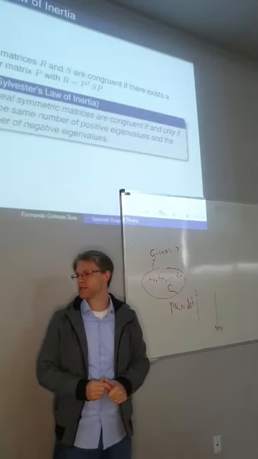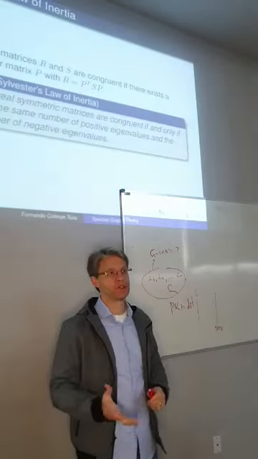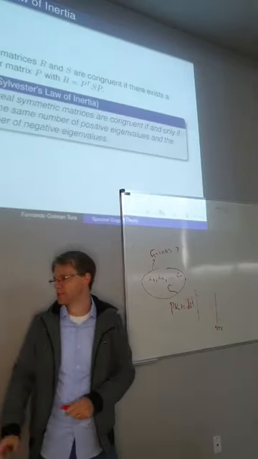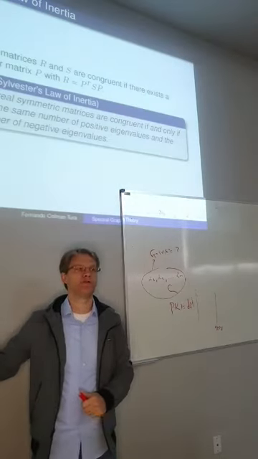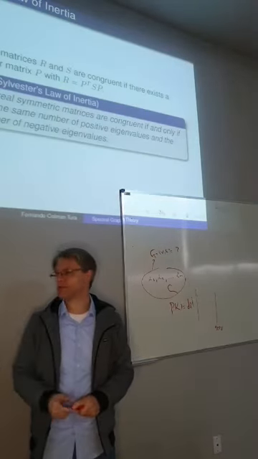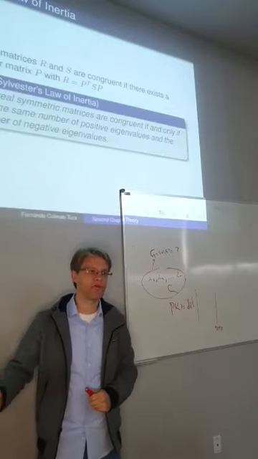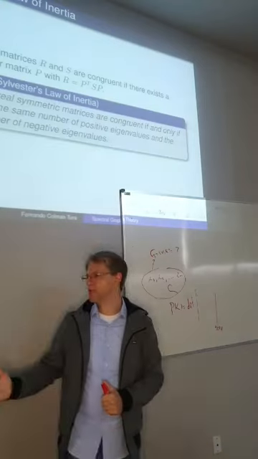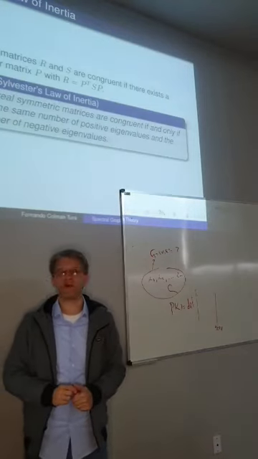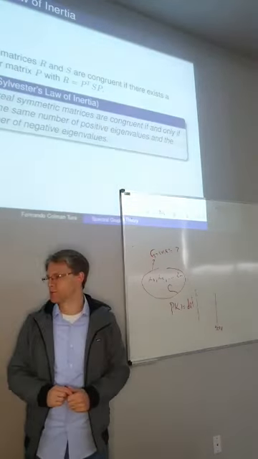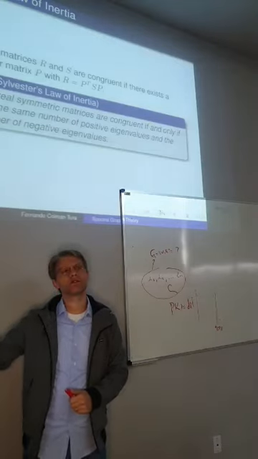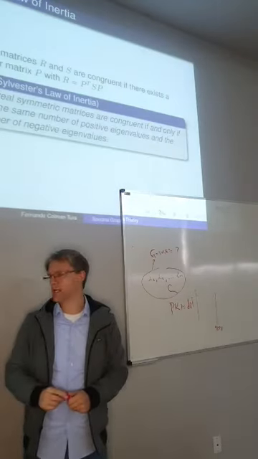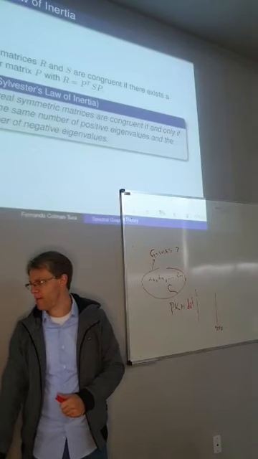What does this result say? Two symmetric matrices are congruent if and only if they have the same number of positive eigenvalues and the same number of negative eigenvalues. This is a very well-known result from linear algebra. You use this result to obtain the algorithms.